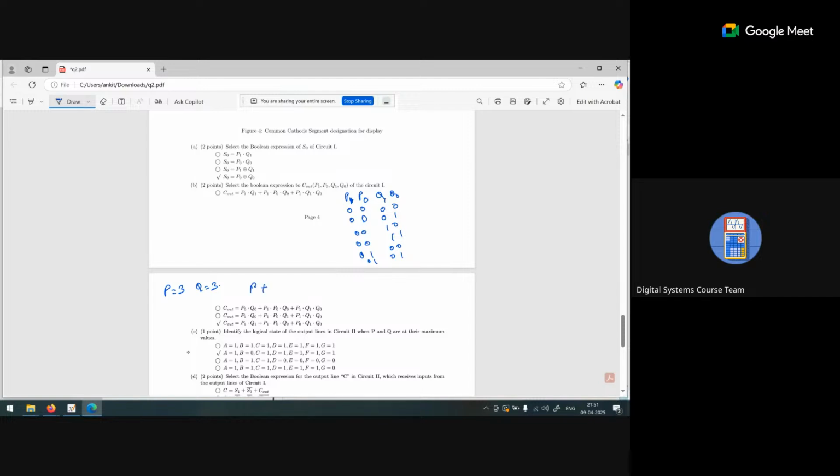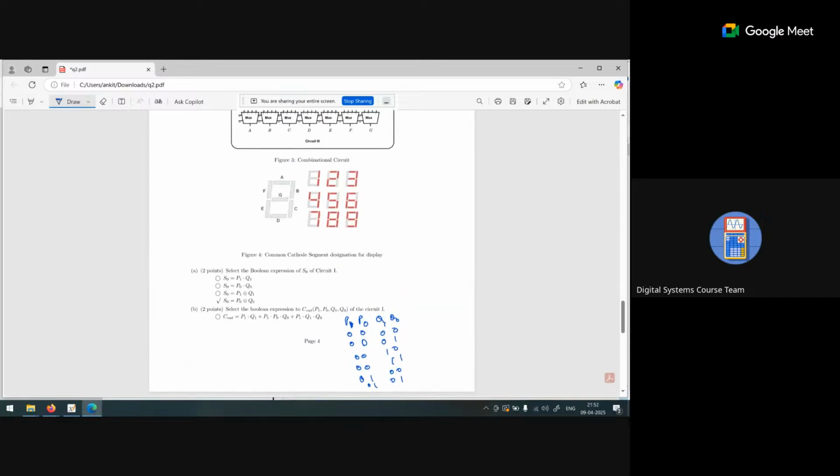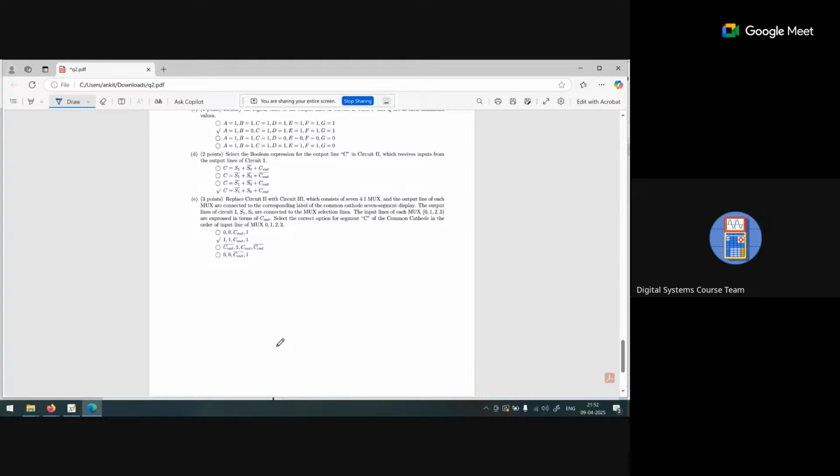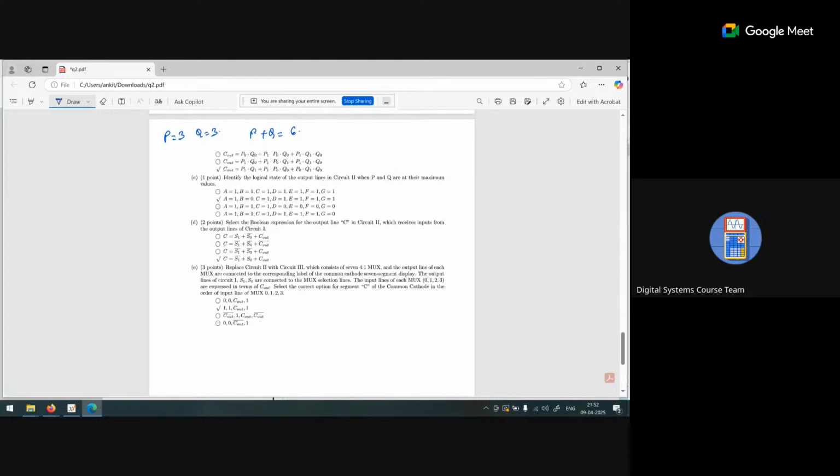So if we add P plus Q, it becomes 6. So for 6, A is 1, B is 0, and all others are 1. This is the correct answer.